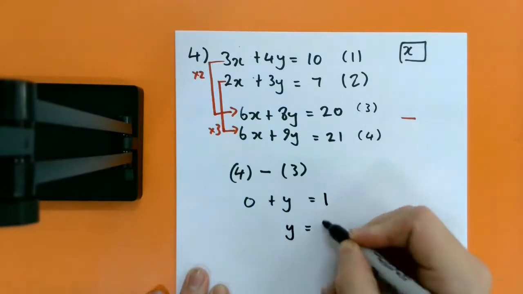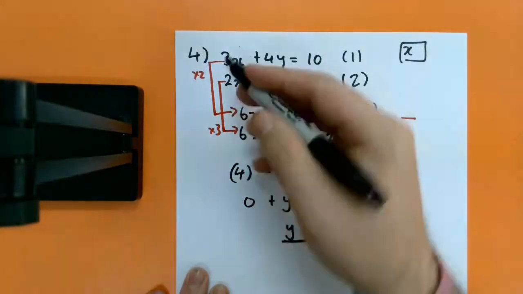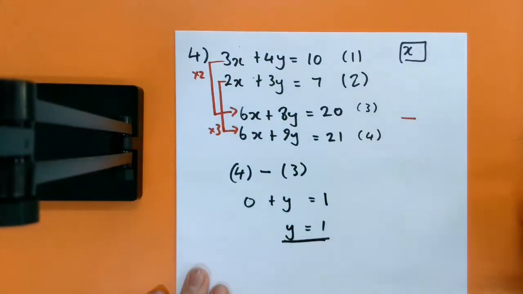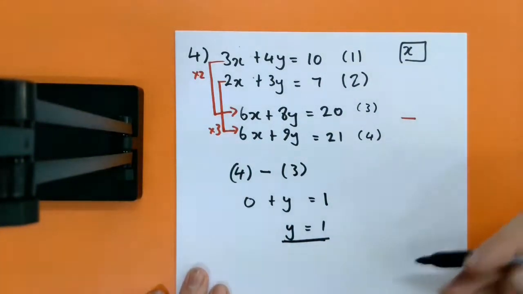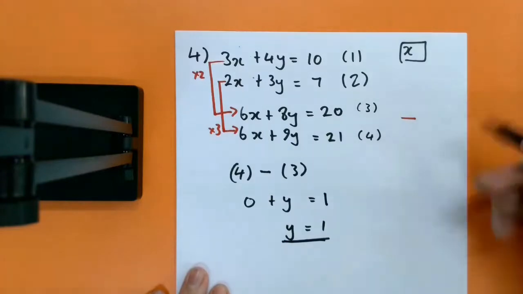So we have y is equal to 1. You'll notice the extra step that we had to take was just generating an extra equation. It's not actually harder in terms of the actual elimination method to find the variable.